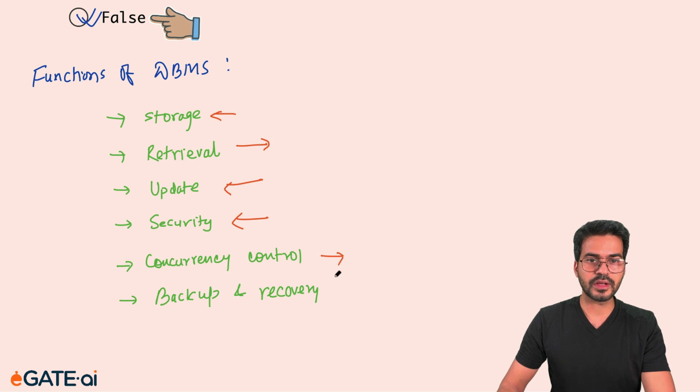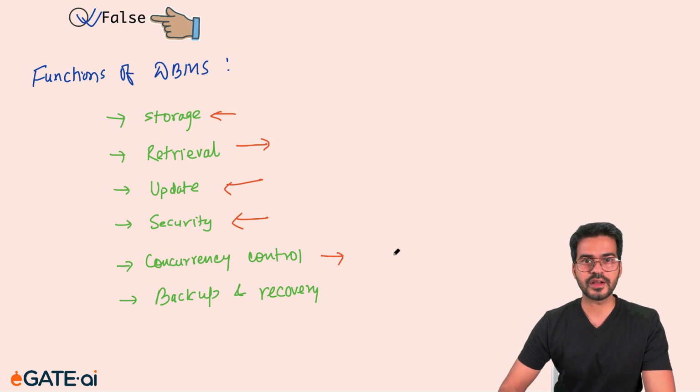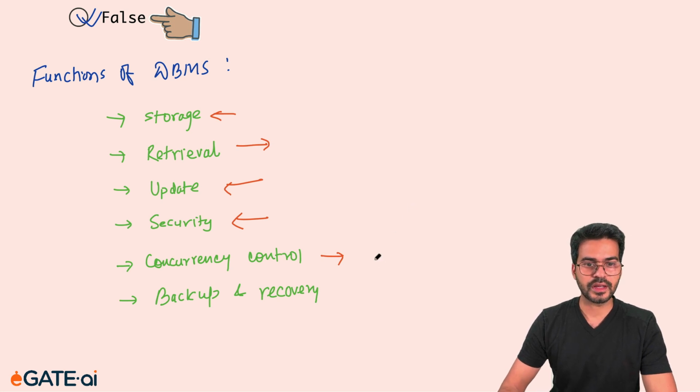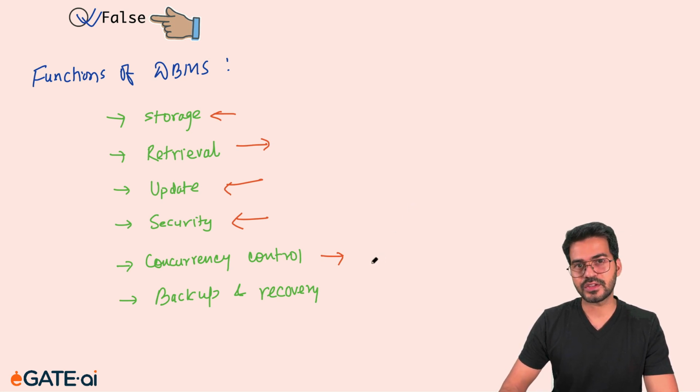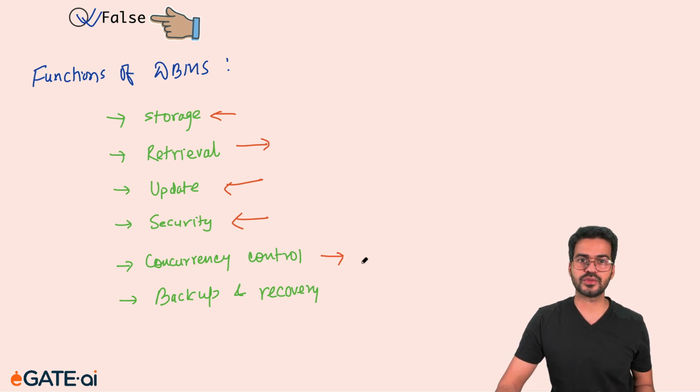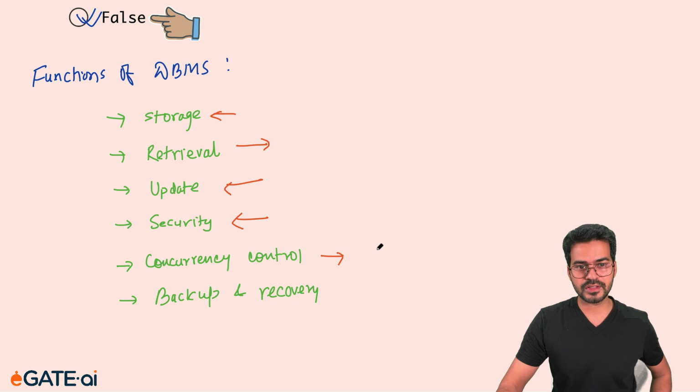Concurrency control is really one of the important aspects, because most of the time, or almost always, it is a multi-user system where multiple users are supposed to access the database at the same time. That's why it has to manage the concurrency.